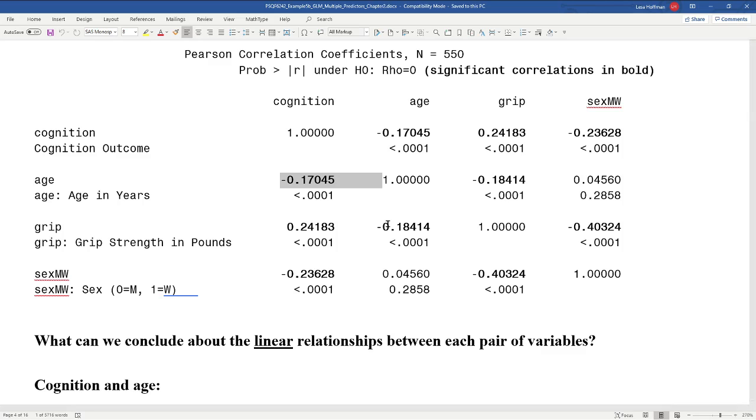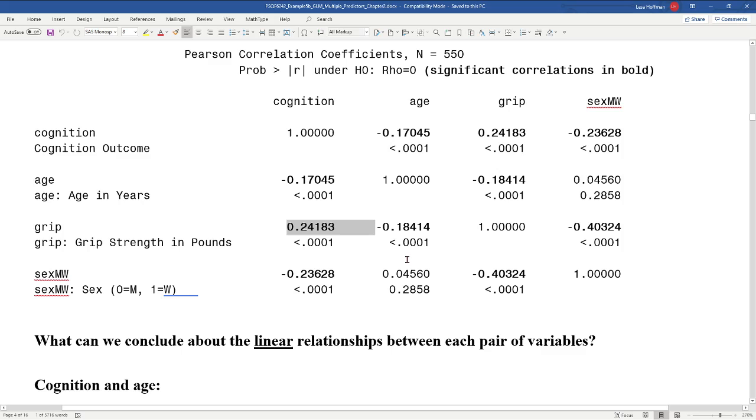That means as age goes up, cognition is predicted to go down. It's a relatively small effect, a correlation of only 0.17, but we have 550 people. So that correlation is actually significantly different than 0. It would be unlikely to observe a correlation that large or larger if there were no correlation in the population.